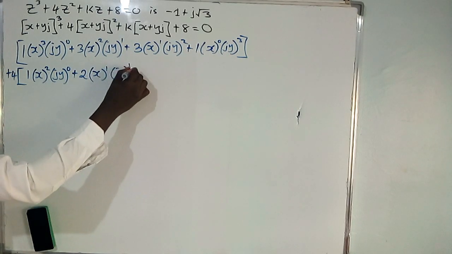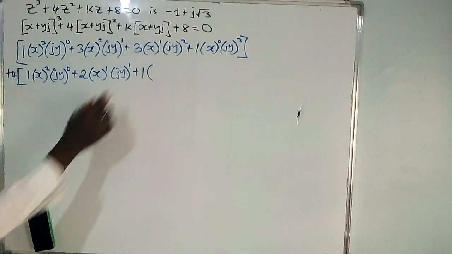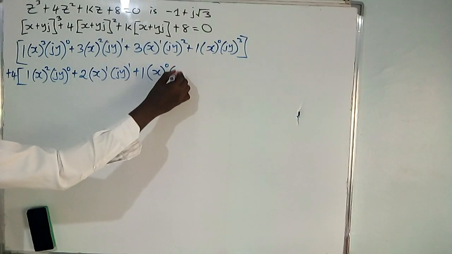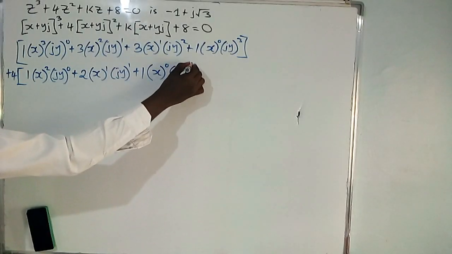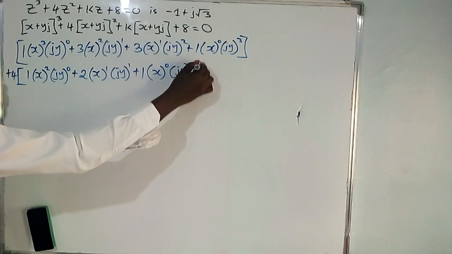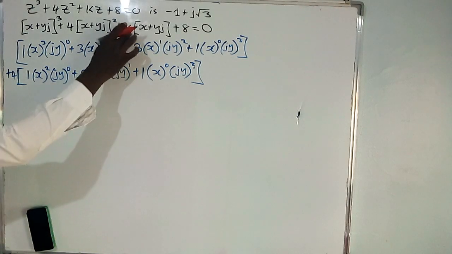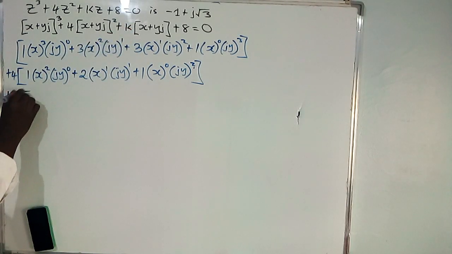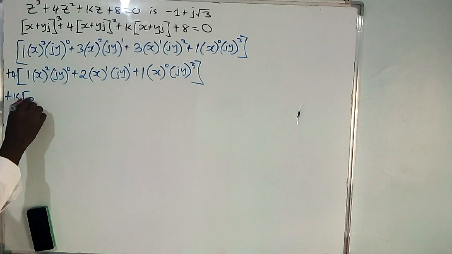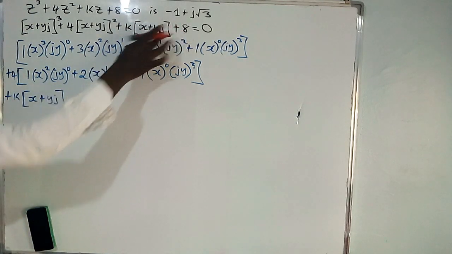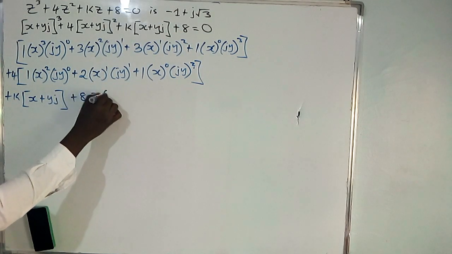The third term when the power is 2 has coefficient 1, then x is raised to power 0, and yj is raised to power 2. Once x is raised to power 0, you reach the end of that expansion. You've expanded that, then it is plus k into (x plus yj), then plus 8 equals 0.